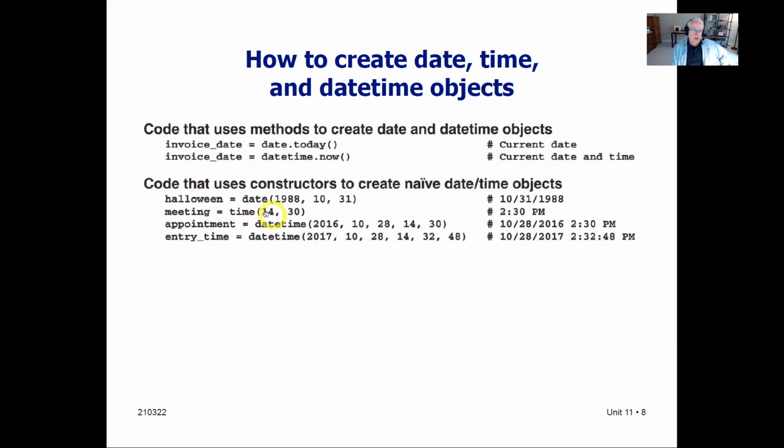One thing that I forgot to talk about yesterday in class, today I will remember. When we're dealing with hours in the time objects and datetime objects, we're going to be dealing with a 24-hour reference to hours. Now, if you've not been in the military or not done any programming with other languages, you probably are not familiar with this. Just realize all the PM hours are going to be greater than 12.